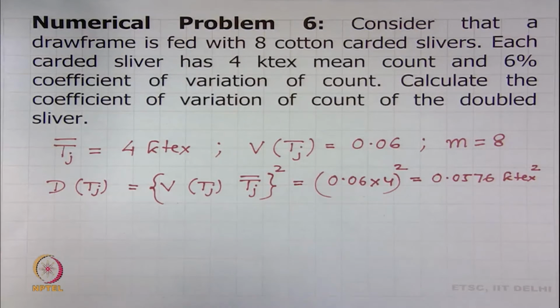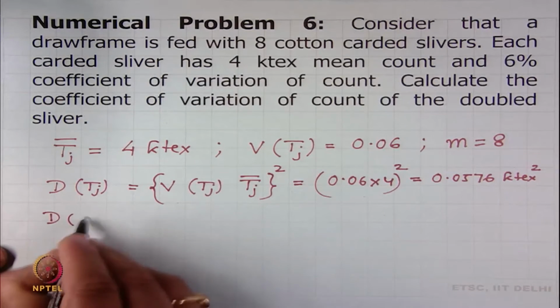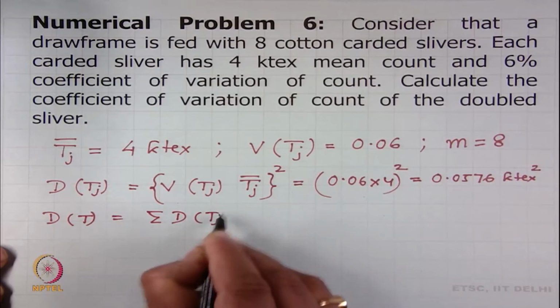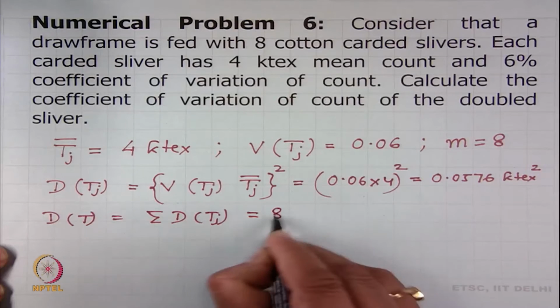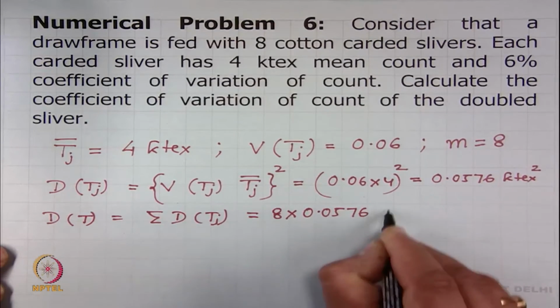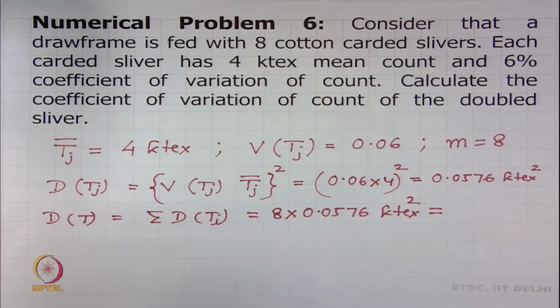Kilotex square, right, and what will be the summation of all variance?